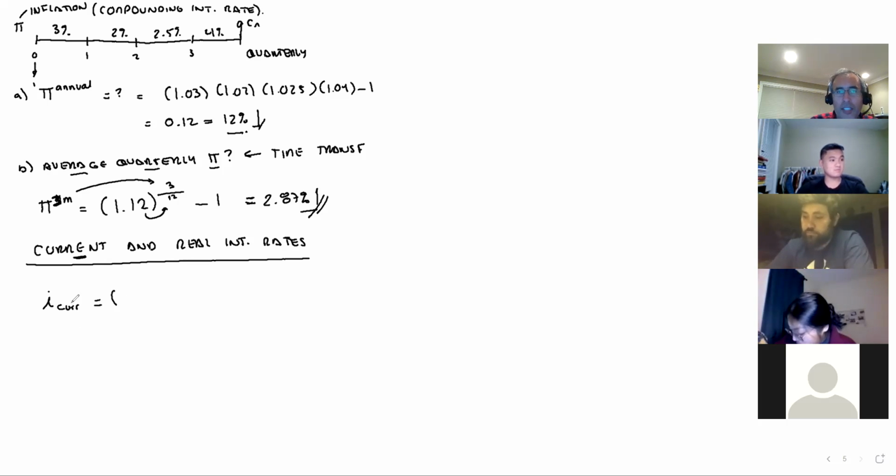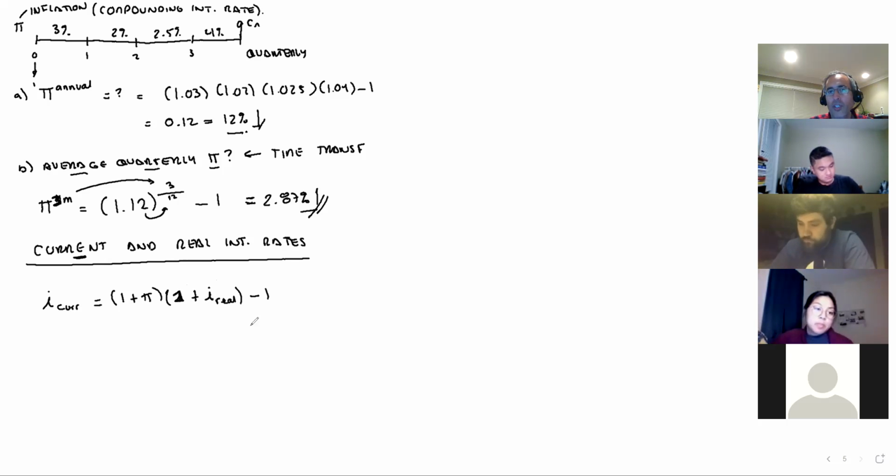So this implies that the current should be equal to 1 plus pi. This one allows your money to protect its value, so you can buy back the product that you have sold. And the second one is the one that gives you a real markup, 1 plus the real interest rate, minus 1. So this is the definition of the current interest rate.